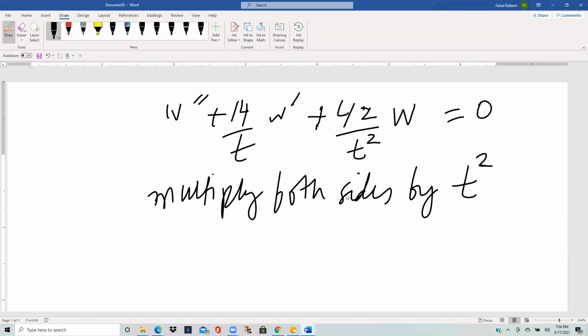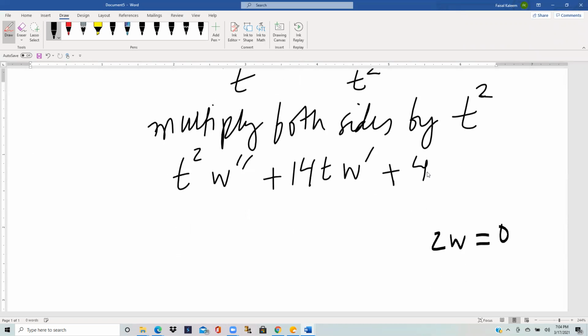So now it becomes t² w'' + 14t w' + 42w, because t² divided by t is just t on the top, and for the last term the t² cancels out.